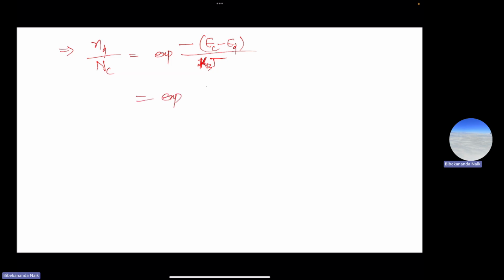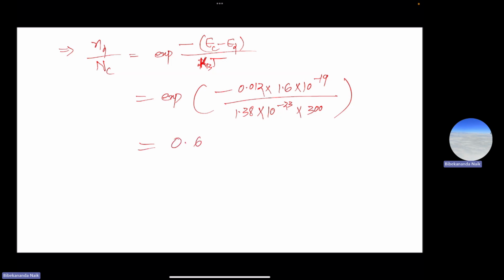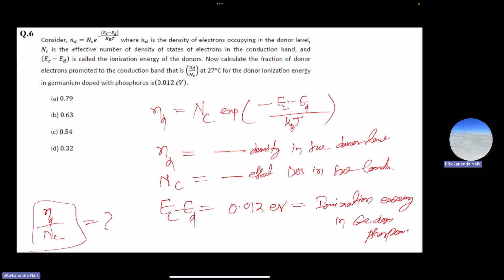It will be exponential minus 0.012 into 1.6 into 10 to the power minus 19, divided by 1.38 into 10 to the power minus 23 into 300. So if you calculate, it will be 0.628, approximately 0.63. So the correct option will be option B, that is 0.63.